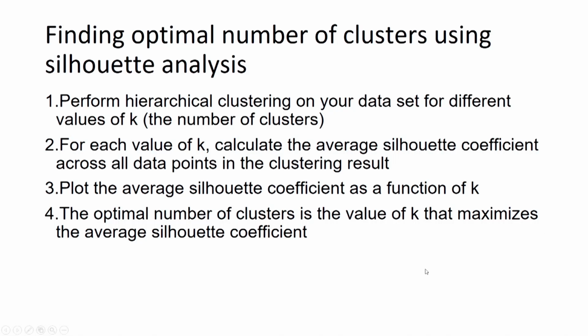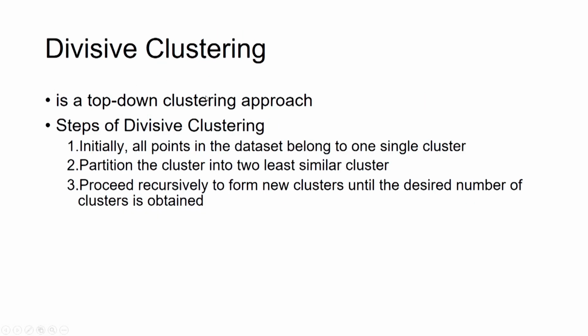On the x axis you will have different numbers of clusters, and on the y axis you will have the average Silhouette coefficient for all the data points corresponding to these numbers of clusters. The optimal number of clusters will be the value of k for which the average Silhouette coefficient value is maximum. So, in this way we can use Silhouette analysis for finding the optimal number of clusters.